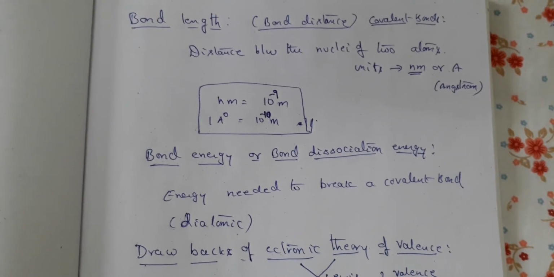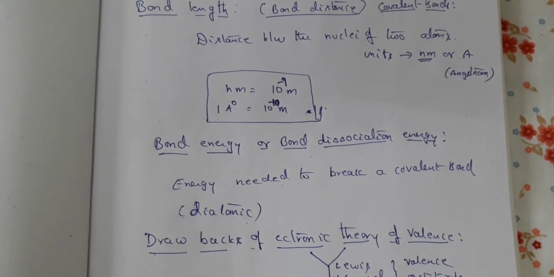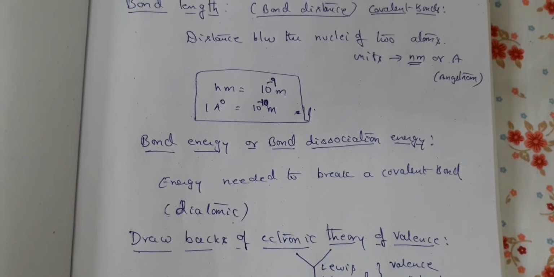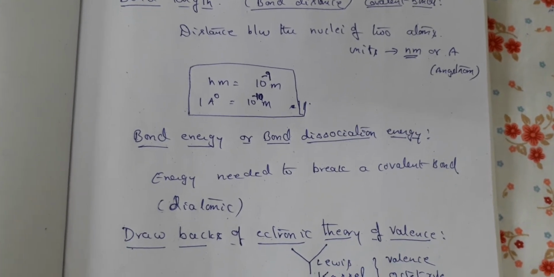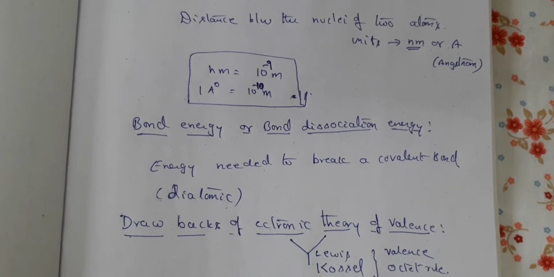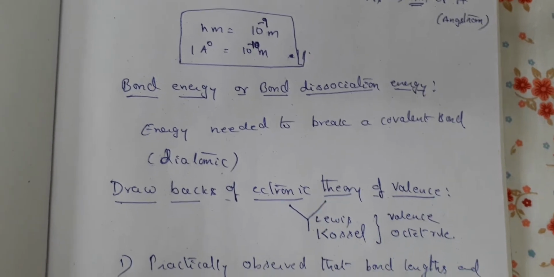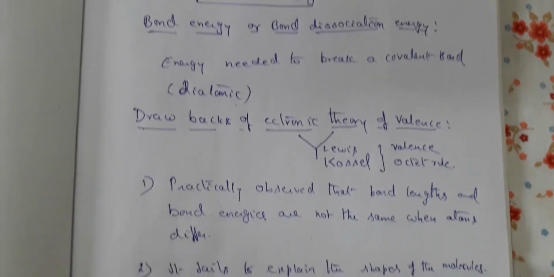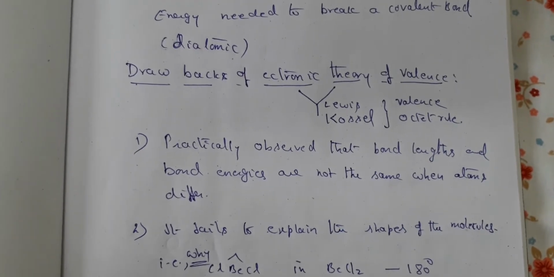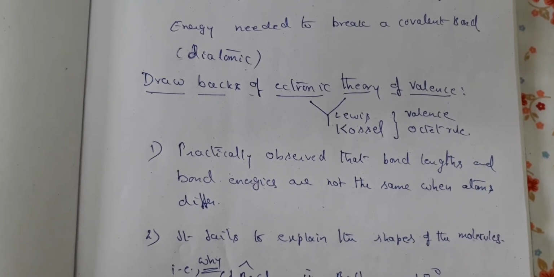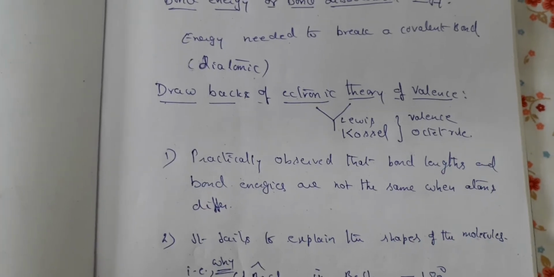When compared to an ionic bond, a covalent bond is a little bit weaker. An ionic bond is much stronger, and the energy needed to break a covalent bond is the bond energy or bond dissociation energy.